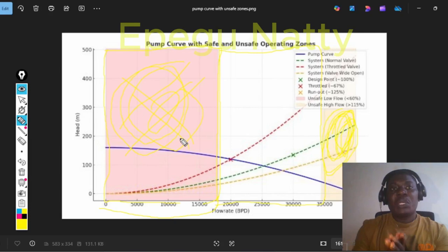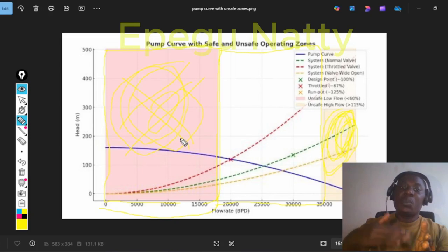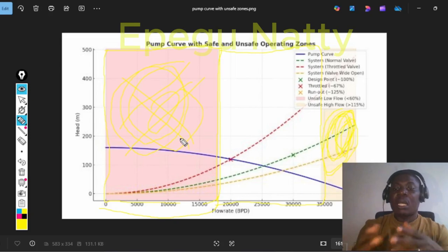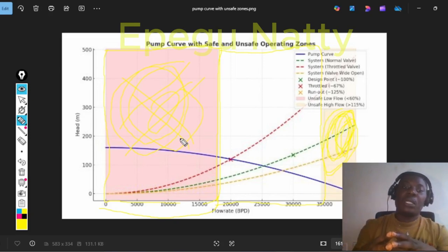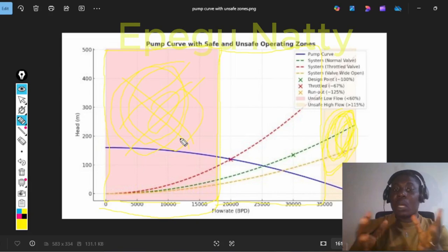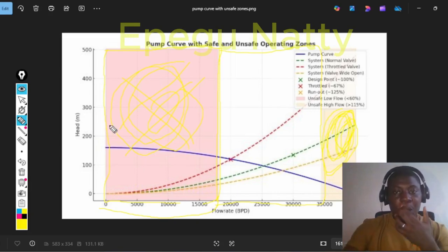Well, 115% capacity is not that bad. You can refine up to 125% capacity, but anything above 125% capacity is not acceptable. Within 115 to 125%, that is mechanically safe for a while, but it should be temporary, not permanent.